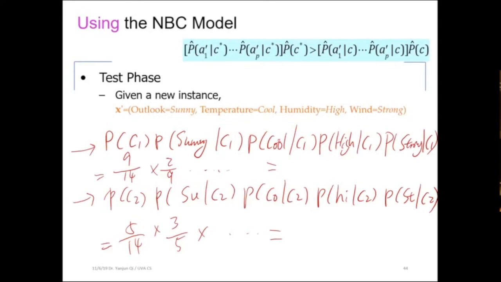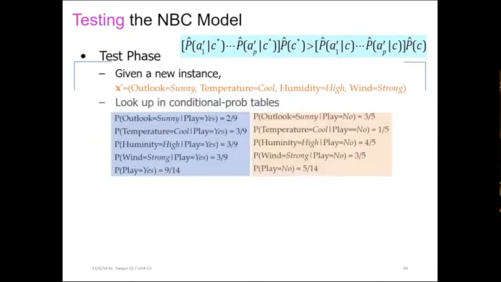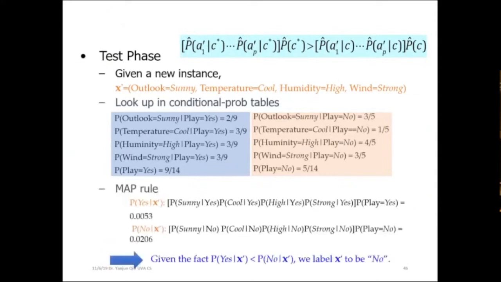You also look up P(sunny | C1), P(sunny | C2), P(cool | C1), P(high | C1), P(strong | C1). You look up from those tables and do the calculation, the same thing for the C2 class, the no class, and then you just get the numbers.